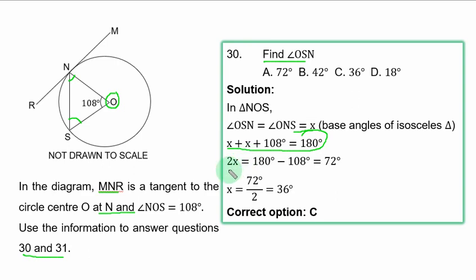So you have 2s equal to 180 minus 108 degrees, and that is 72 degrees. To get s, divide both sides by 2. So s is equal to 36 degrees. Therefore, angle ONS is 36 degrees. C is the correct option.